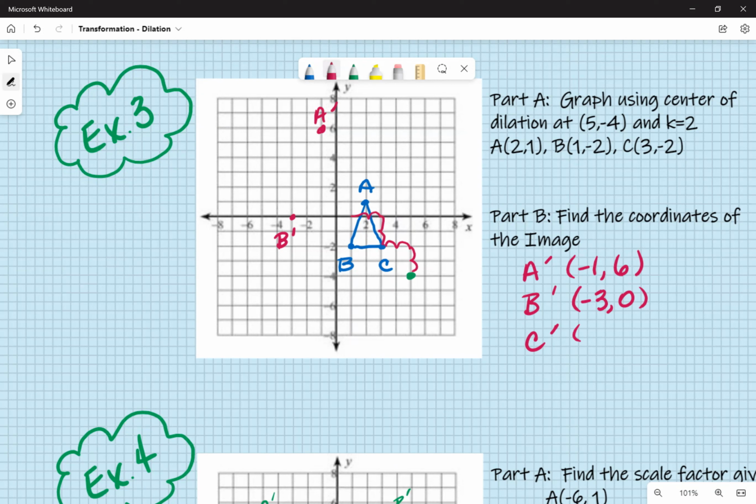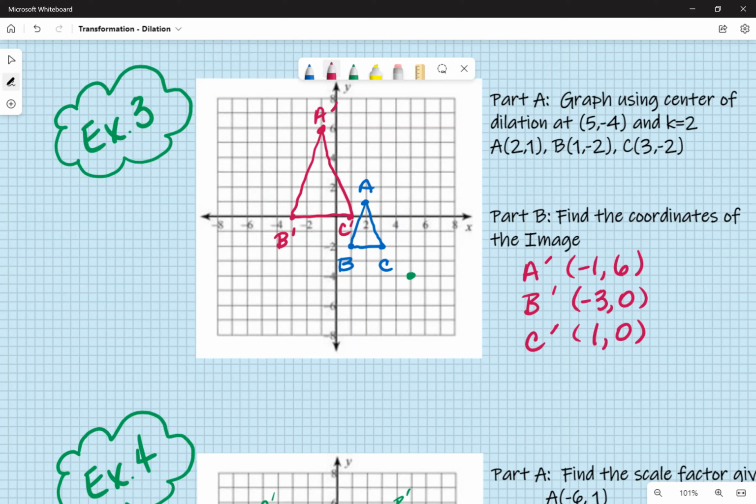So that means that my new coordinate is going to be 1 and 0. Did you catch that? All right, 1, 0. Let's put that there. And that's my C prime. And again, what you want to do is actually connect the points as best you can.